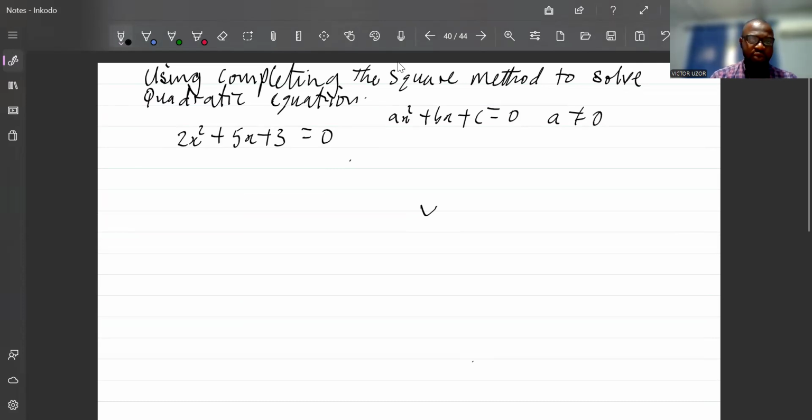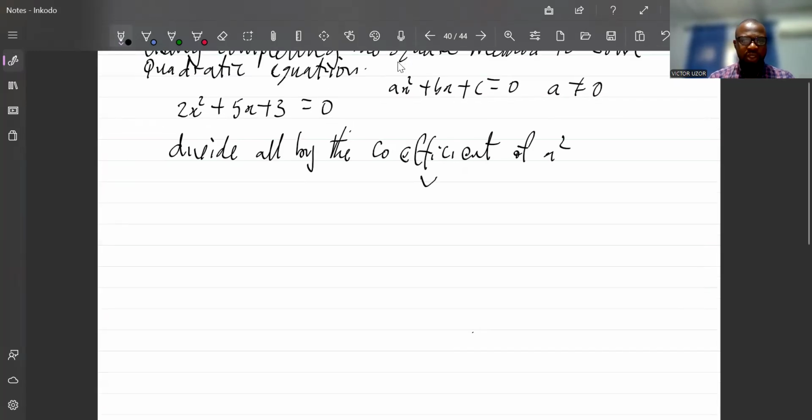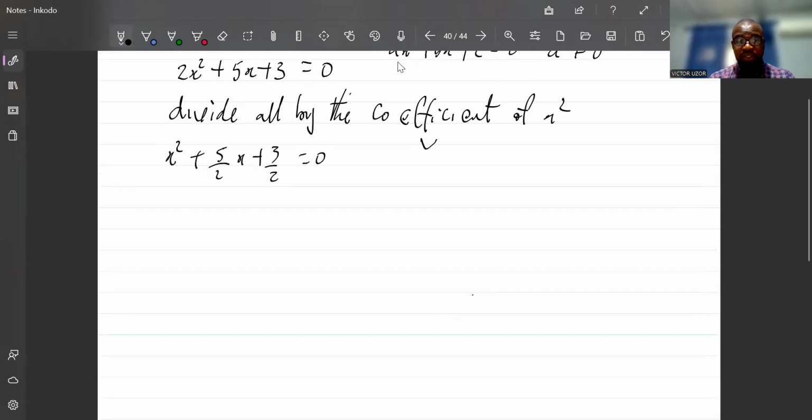So if I divide all by the coefficient of x squared, forgive me if I have spelling problems, I will have x squared plus 5 over 2x plus 3 over 2 equals 0, because I've divided everything by 2.